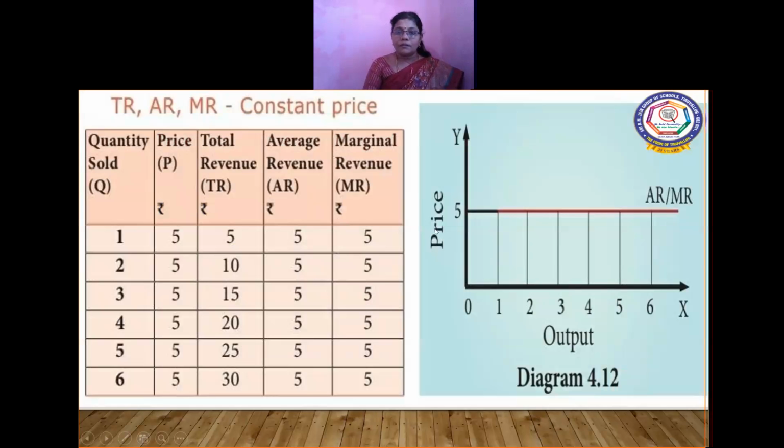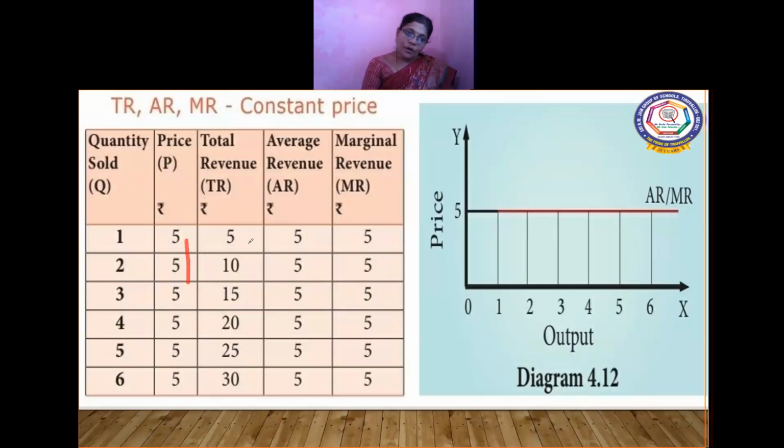In this diagram you can see that AR and MR both are equal at constant price. Here you can see the quantity sold and the price is fixed, that is 5.